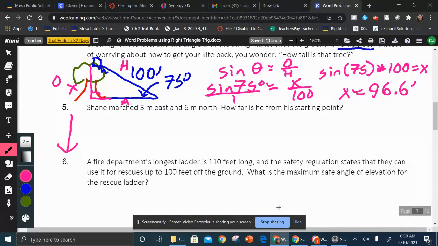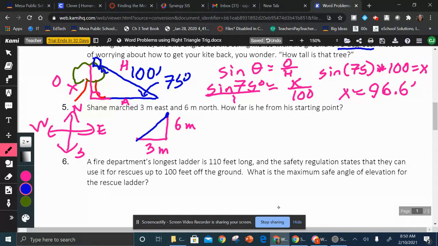Okay, Sean is marching. Remember our directions: north, east, south, west. Okay, so Sean marches 3 meters east and then 6 meters north. How far is he from his starting point? This is where he starts. This is where he is. So we want to know where he is right there.